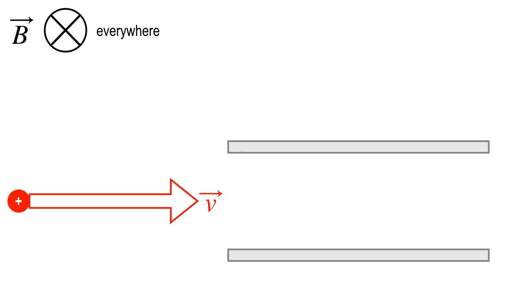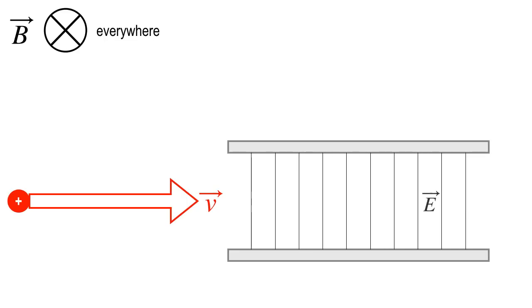Good set of parallel plates. Ideally, it will look like this. Uniform out till you get to the last few centimeters by the edge. But we'll just kind of idealize it here. Nice uniform electric field. A horseshoe magnet, nice uniform magnetic field.